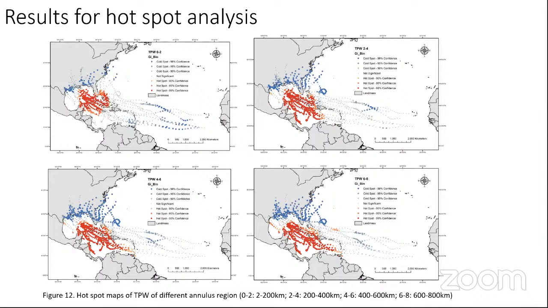I can try to do that, but actually, I didn't count the number of the hotspot and the cold spot numerically. I just looked at the spatial distribution and the pattern. So I can try to do that and see whether that will change my spatial pattern. Yeah, but sorry, I didn't do that before.